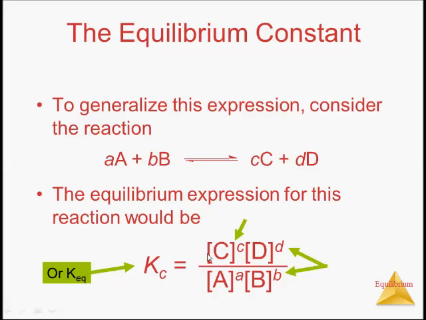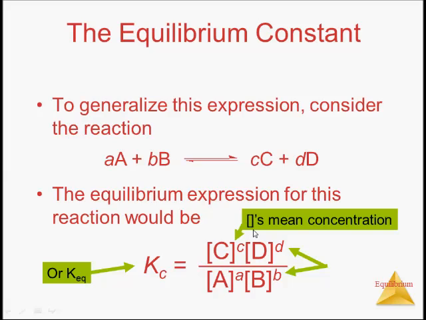Again, we've seen square brackets a time or two, but remember, whenever you see the square brackets around something, that stands for concentration. So my products are C and D, and so my ratio is the concentration of my products, and note that they are multiplied times each other, divided by the concentration of my reactants.